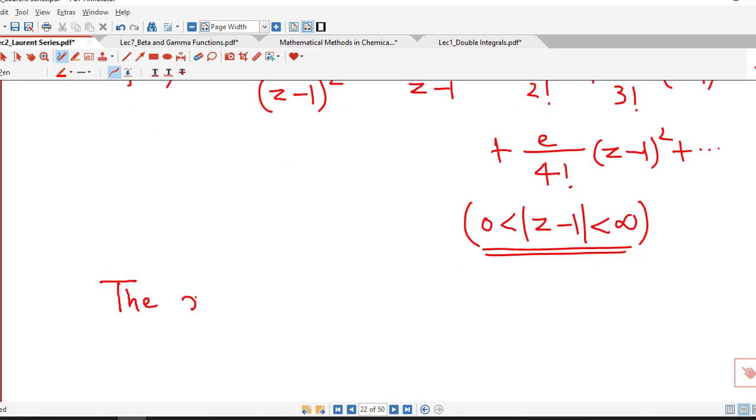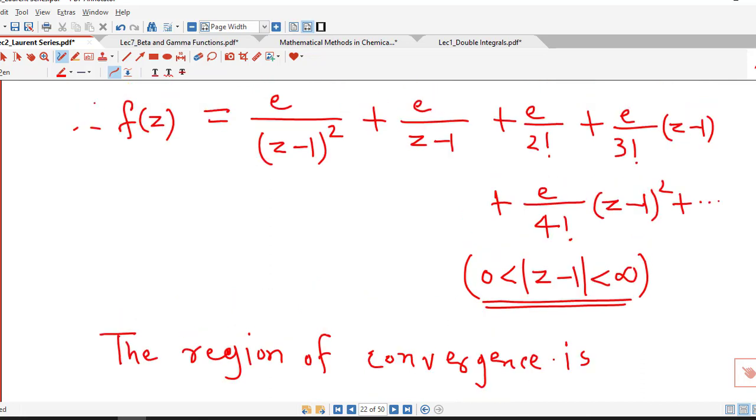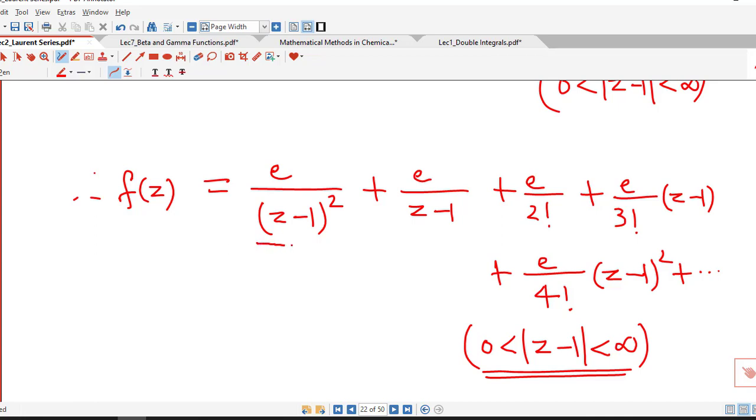Okay, so we can write that region of convergence is 0 less than absolute value of z minus 1 less than infinite. That means this series on the right hand side converges to function f of z at all points except z equal to 1.